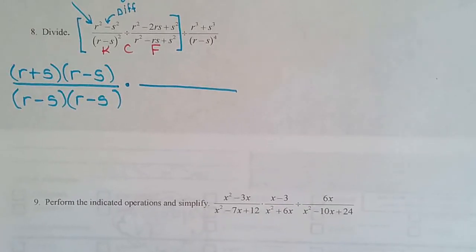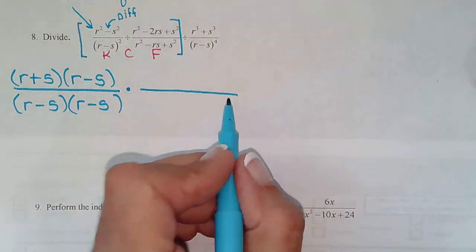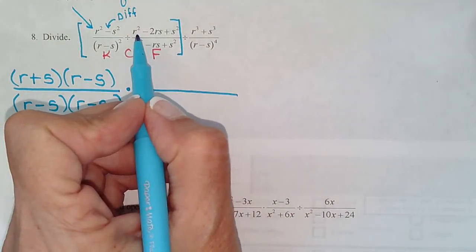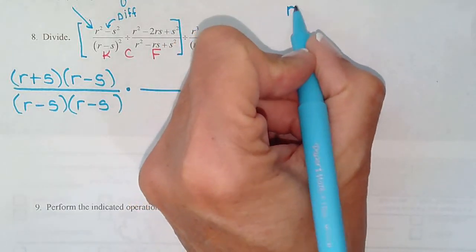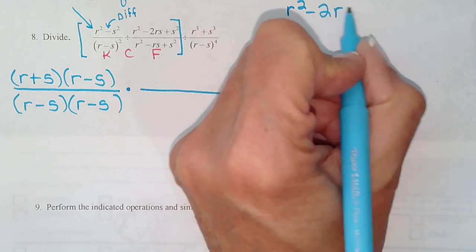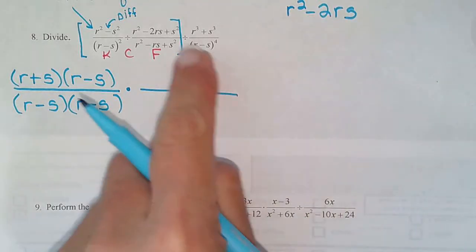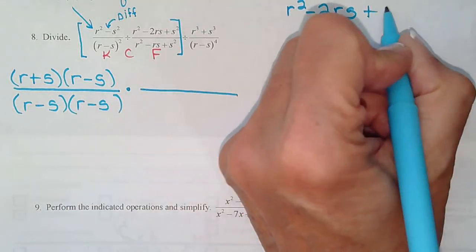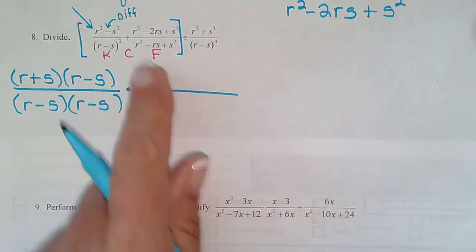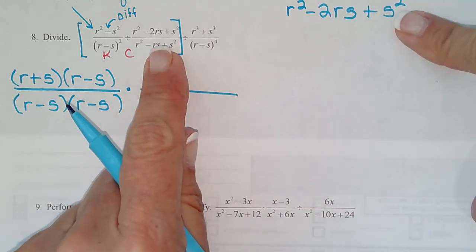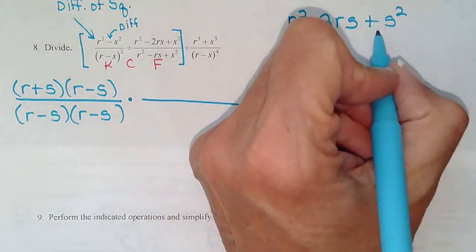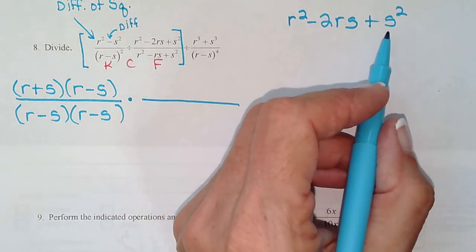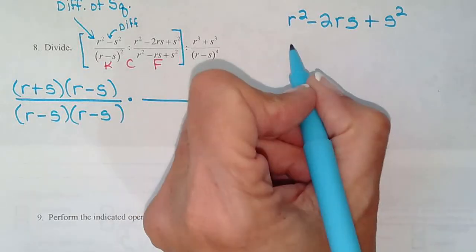So let's go over to the side and work on these. So r squared minus 2rs plus s squared. Remember, this is going to go in the denominator. So this is the one that confuses students because there's no numbers, but you just have to remember there's imaginary ones in front.